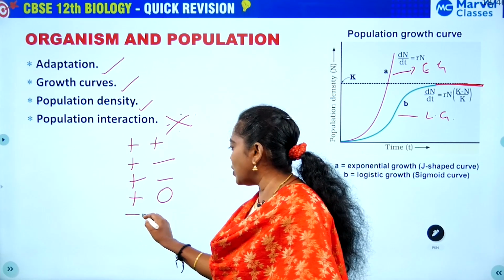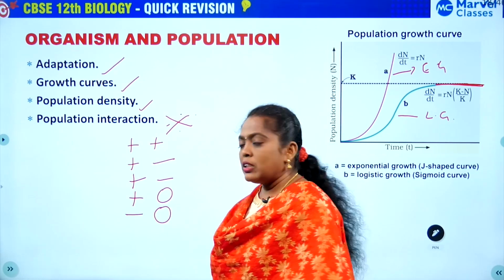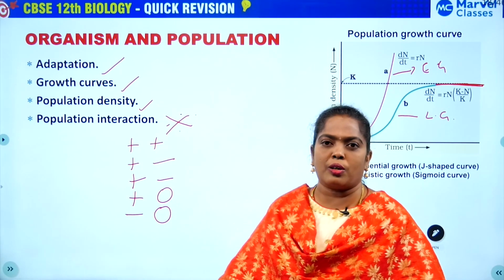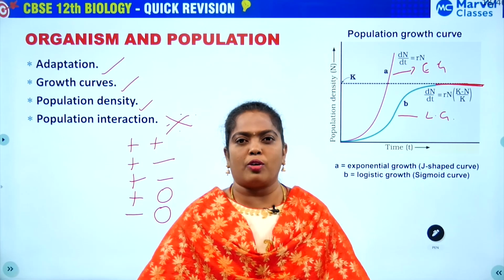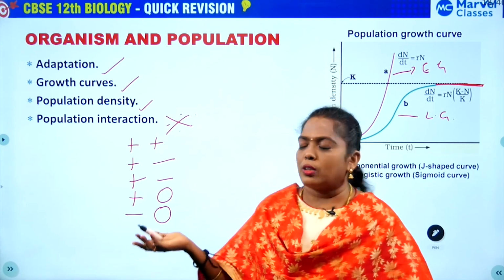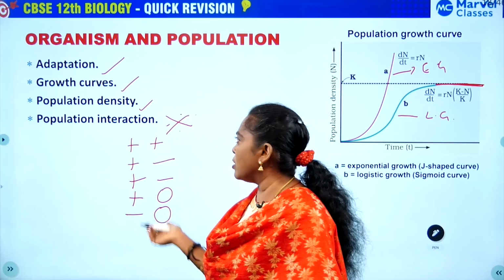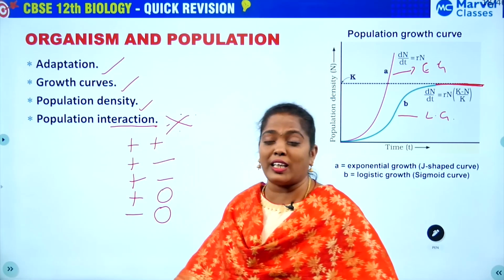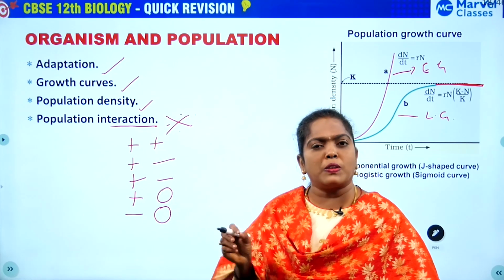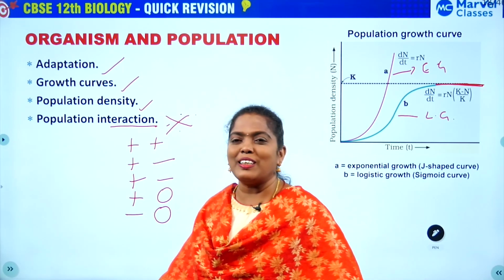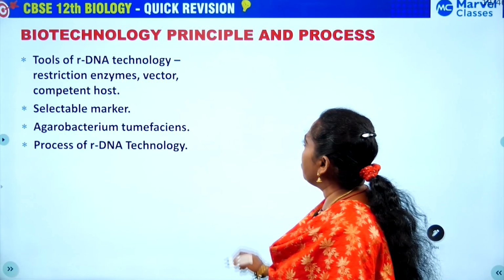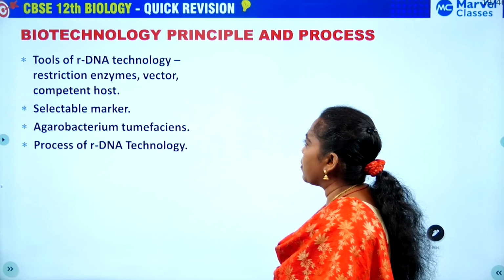Amensalism, minus for one and zero for the other. For example, an elephant stamping on an ant. For the elephant it is nothing, but for the ant it is harm. Like that you can see all the interactions with examples. Examples are very, very important, students. It's a definite question.